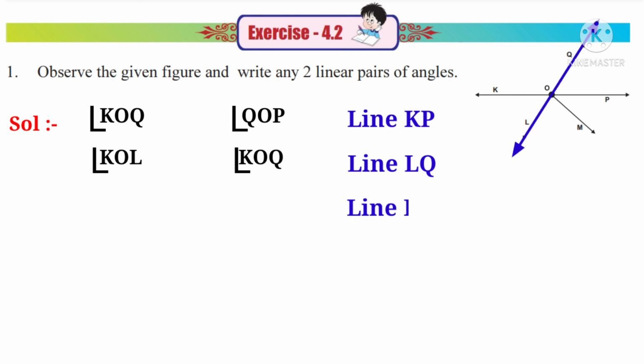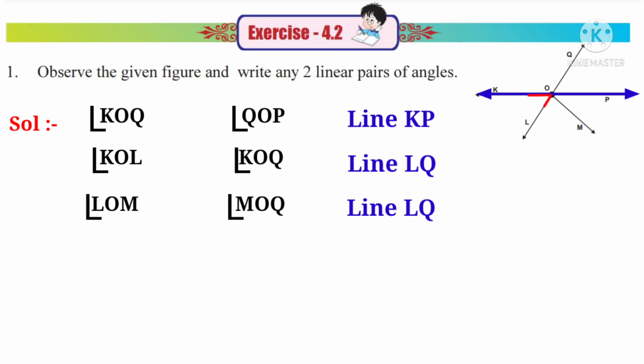On the line LQ, angle LOM and angle MOQ are adjacent angles and lie on the same line LQ, so they also form a linear pair of angles.